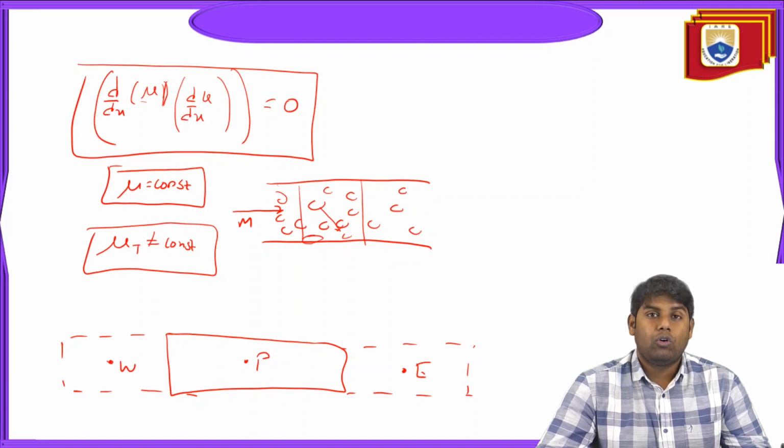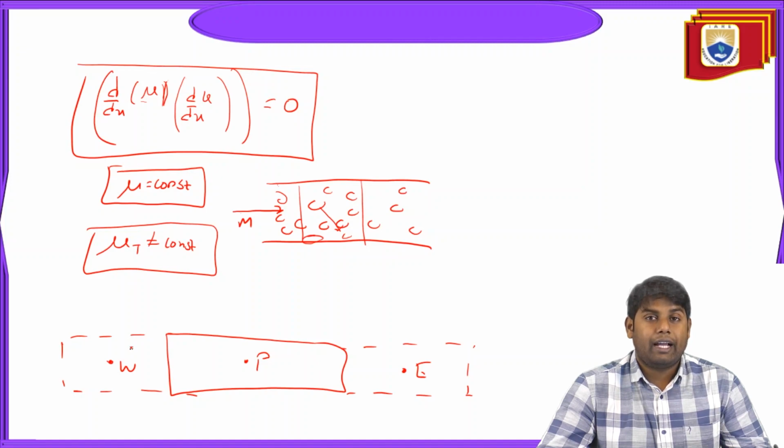But we don't know what is the value at the face. Okay, sorry, it's vice versa. So we know what the values are at the face, but we don't know the values at the grid point. Okay, why? Because at the faces the values will be known. So we have two entities, which are called staggered grid and unstaggered or collocated grid, where we decide where to store the flow variables.